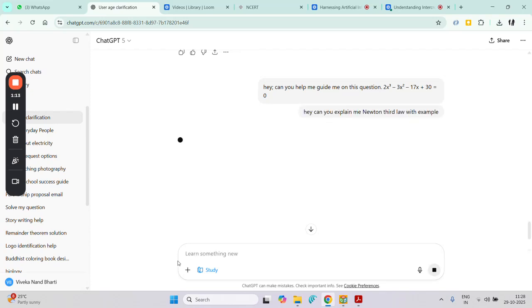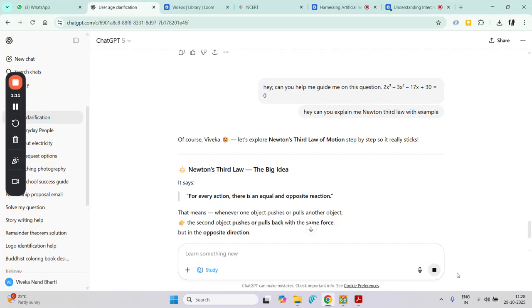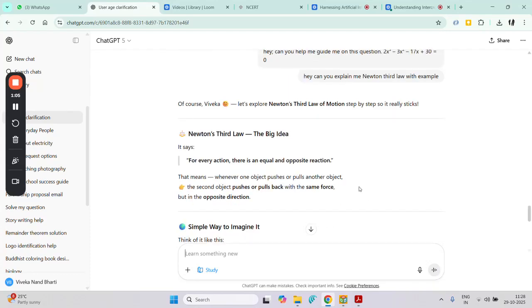Okay. You can type it in, or I have to teach you how to use the voice mode for communication, the way you do with your teacher, you can do it with your AI, okay?